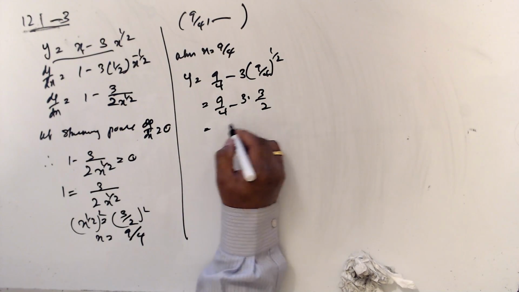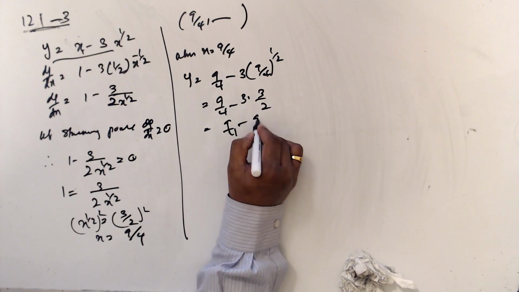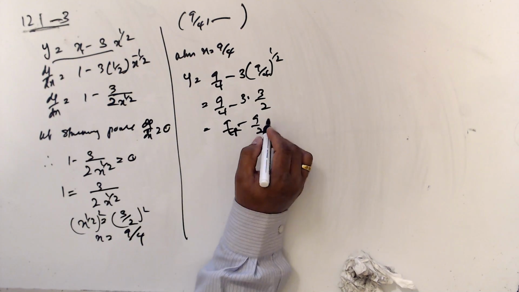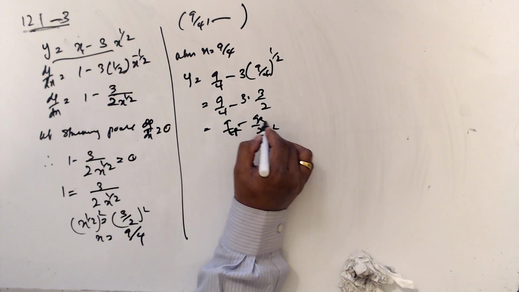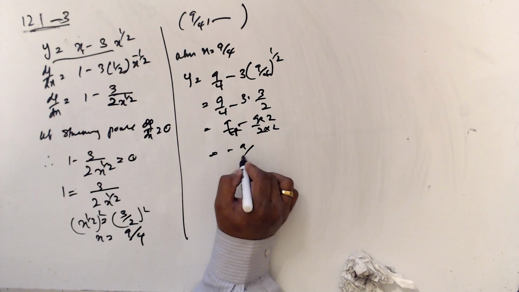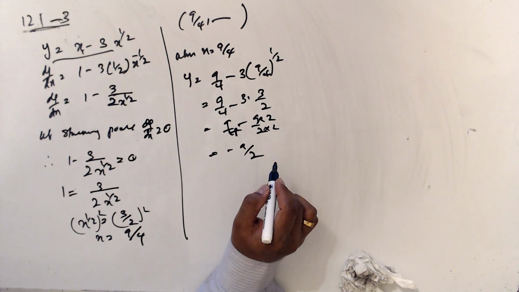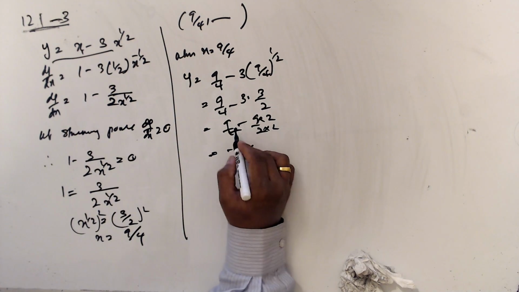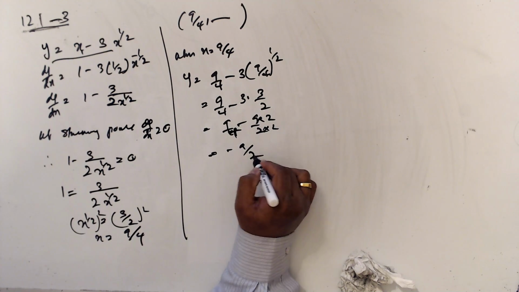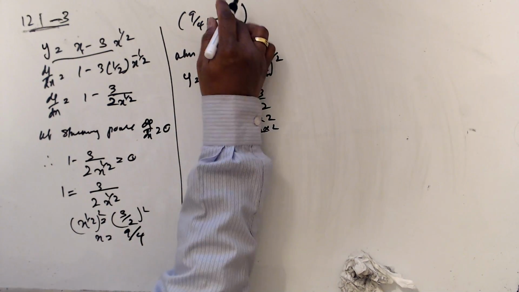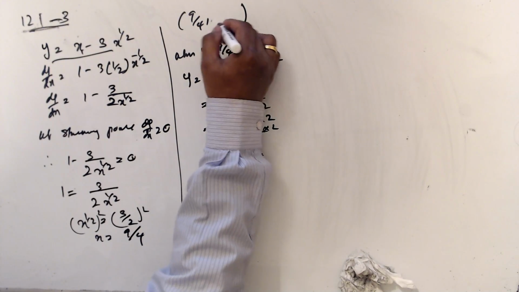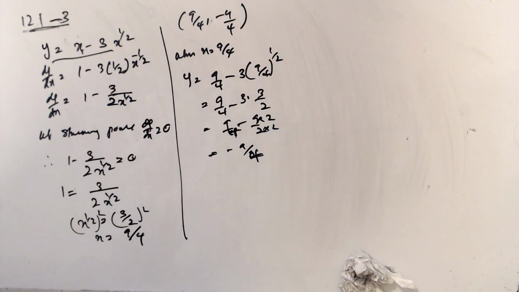So this is 9/4 minus 9/2. Multiplying by 2, this is minus 9/4. So this point is (9/4, −9/4).